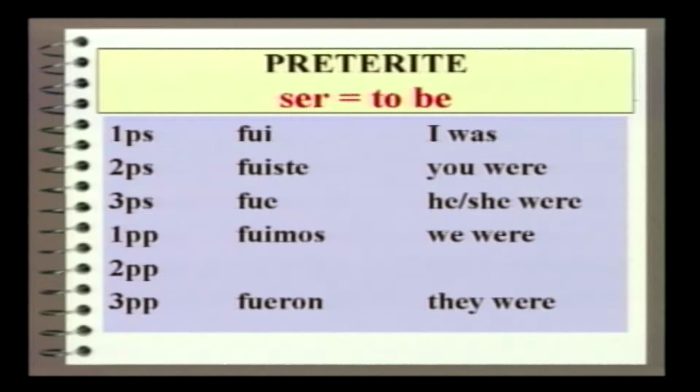And depending on the sentence, you will know whether it is ser or whether it is ir. I was, you were, he or she were, we were, and they were. Let's practice.